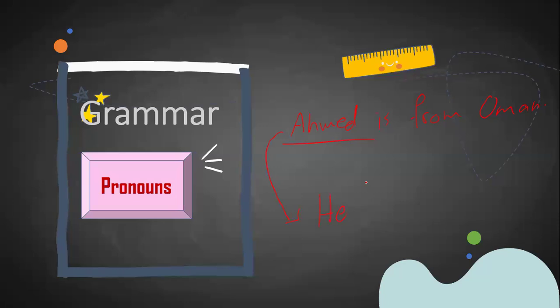Now, let's go back to grade 9, where we studied about pronouns generally. We talked about subjective pronouns, objective pronouns, possessive adjectives, possessive pronouns, relative pronouns, reflexive pronouns, and today, inshallah, we will have the indefinite pronouns. Okay.